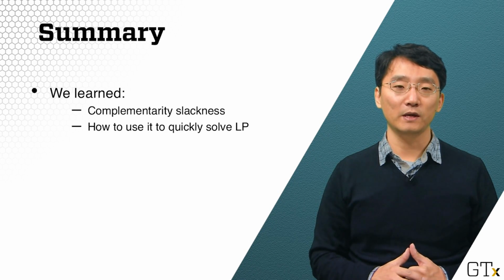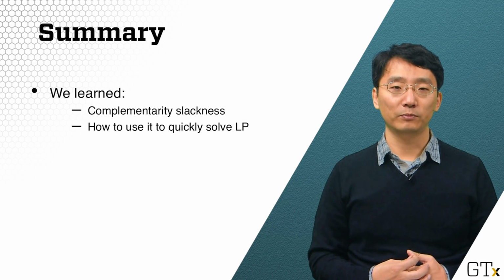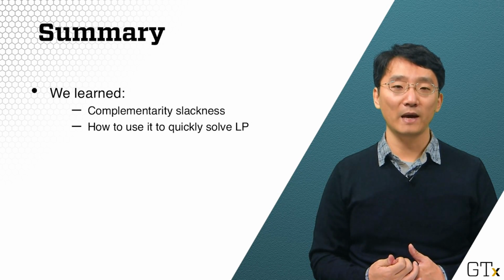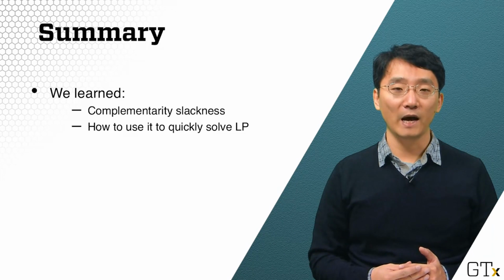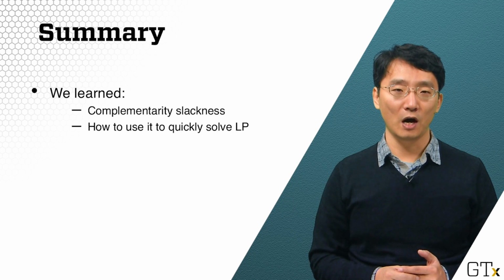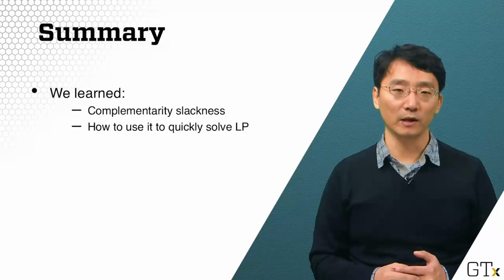To summarize, we first learned the principle of relaxation, and we gave a specific systematic way called Lagrangian relaxation, which can be applied to many optimization problems, not just LP. We applied it to LP to formulate the LP dual and to construct the rules by which the LP dual is formulated.